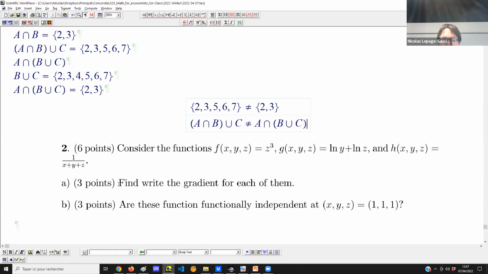So A, write the gradient for each of them, and then, are these functions functionally independent at the point x, y, z equals 1, 1, 1?